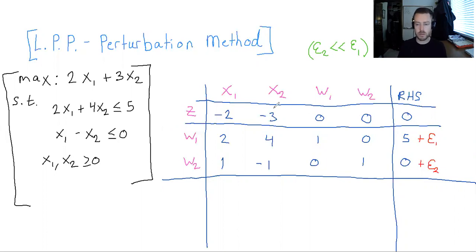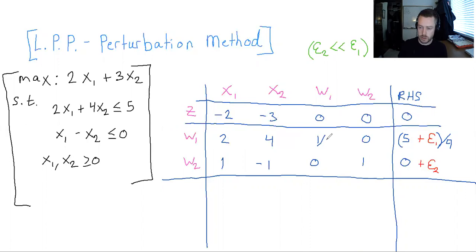So we're going to find the smallest number, which happens to be -3. We're going to go down. We can try and divide both right-hand sides by whatever numbers these are. Turns out this one's a negative, so we don't focus on this one at all, but we're going to turn on the 4. So we're going to divide this whole row by 4. It's going to be 5 plus epsilon1 divided by 4.